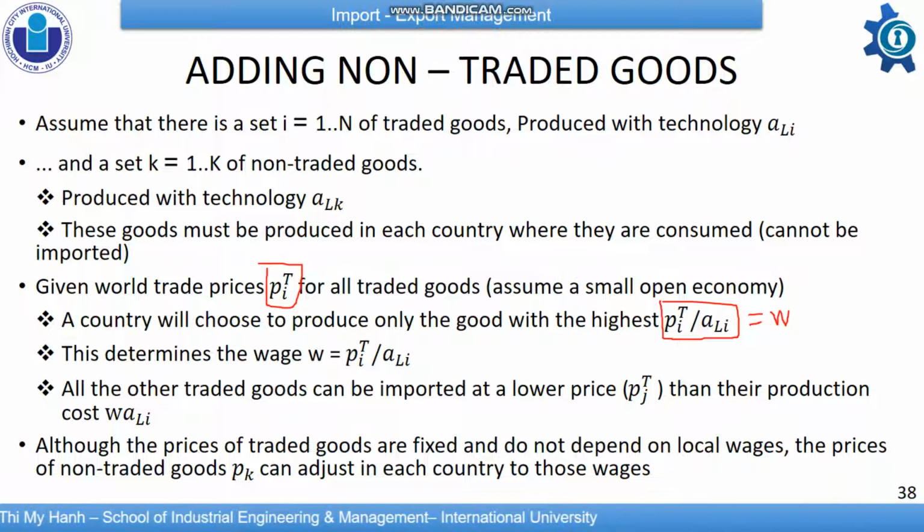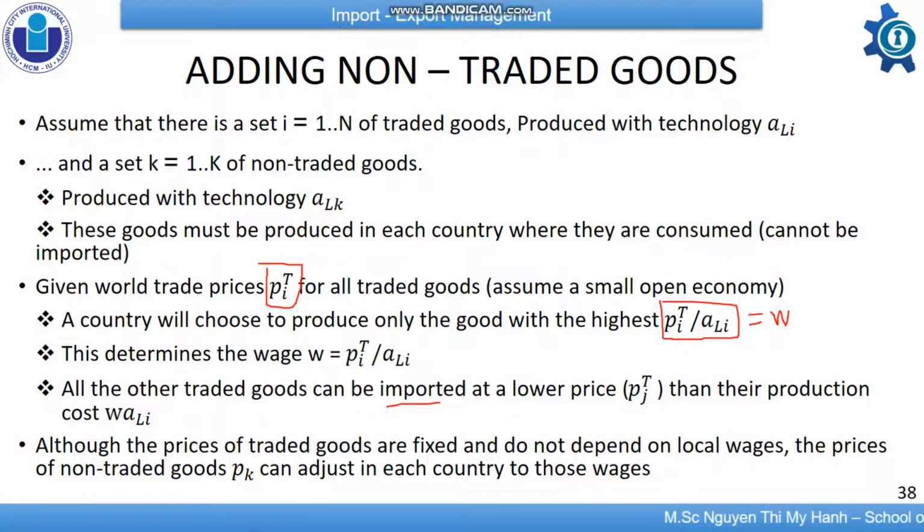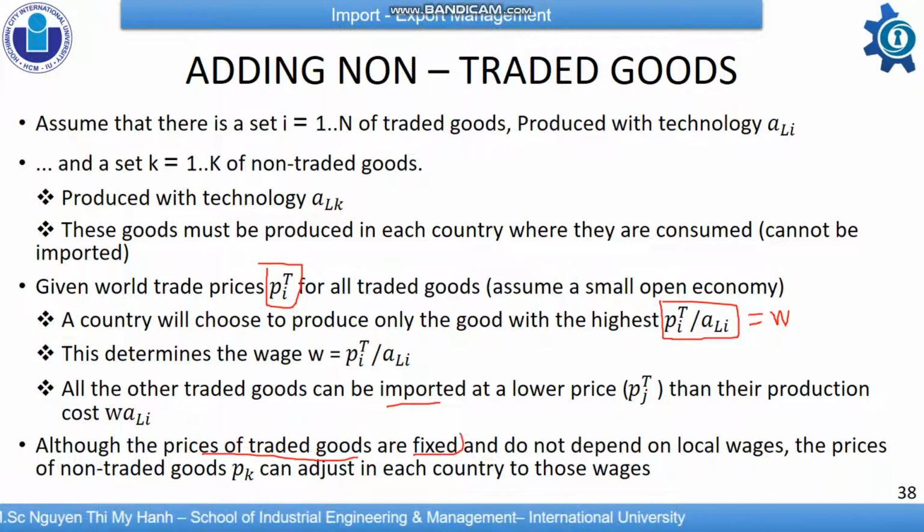And so we can determine the wage is equal to this ratio, and all other traded goods can be imported at a lower price than their production cost. And we can see the price of traded goods is fixed, and it does not depend on the local wage.